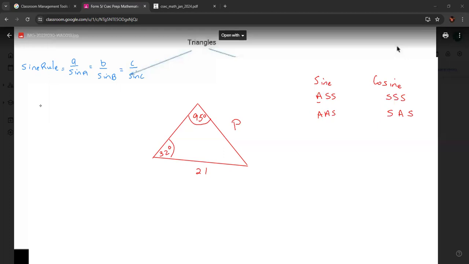Now, they gave us two angles and a side. Which one has two angles and a side? The sine rule. So you identify what was given to you. They gave us two angles and a side, so we know we have to use the sine rule.